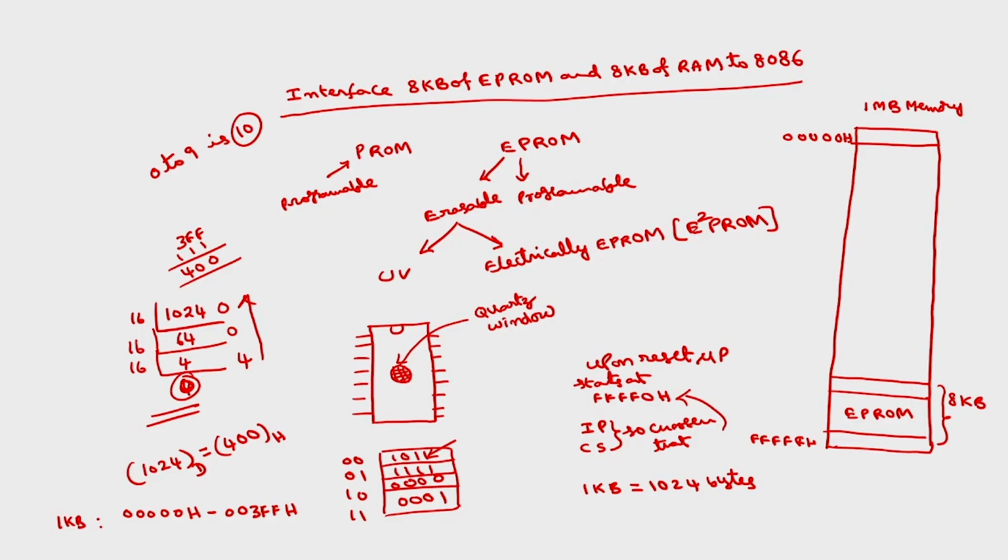So you have to remember that 00000H to 003FFH is 1 kilobyte.